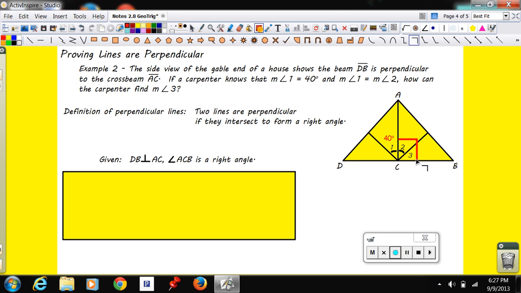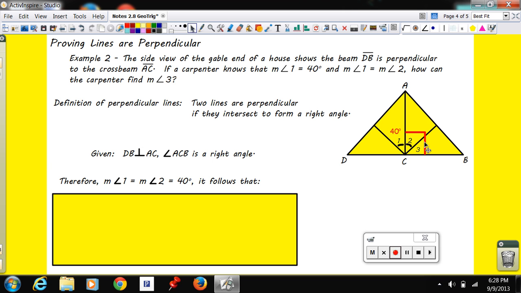That is a 90-degree angle. That's given to us in this scenario. The fact that they're perpendicular gives us that. So we know 2 and 3 then are going to be complementary angles. They're going to add up to 90, 2 and 3 together. So given to us is that DB is perpendicular to AC, and that ACB is a right angle.